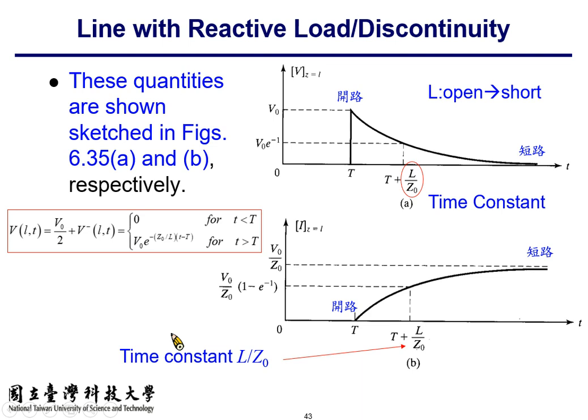It means the signal, the voltage signal or the current signal, the magnitude becomes exponential minus 1. Right? At one time constant, the exponential part will become exponential minus 1, which equals to what? 0.36. Am I correct? I'm supposed to, yeah.